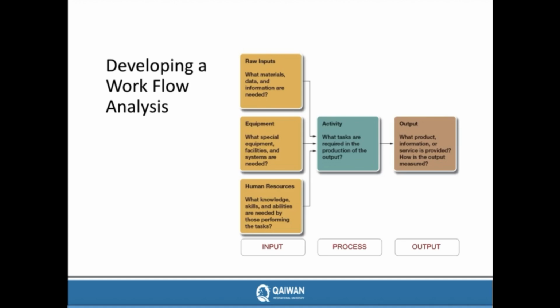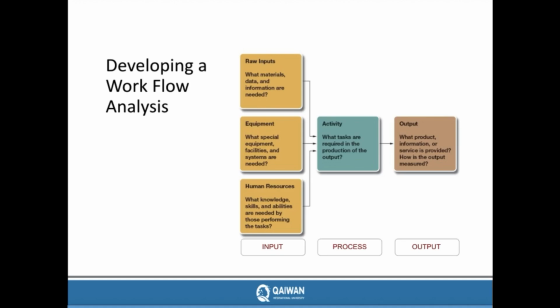Imagine in a university, input could be students, or course materials and information. But in a restaurant, it could be rice, meat, or vegetables. So based on the organization, you can identify the raw input.